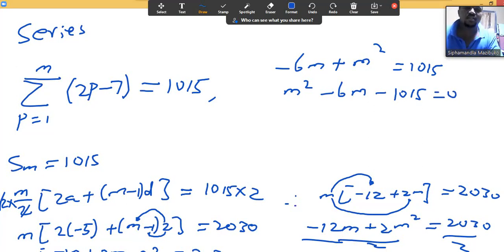Let's look at the factors. We need to find the factors of our last term, and the factors of that. We're looking at 1015 divided by 1, divided by 2. It doesn't work. 2 doesn't work. Let's try to divide by 10. 1015 doesn't work. Let's try to divide by 15. It doesn't work.